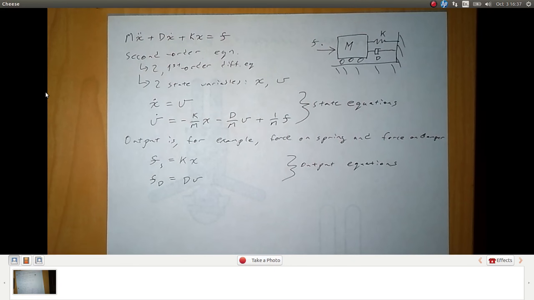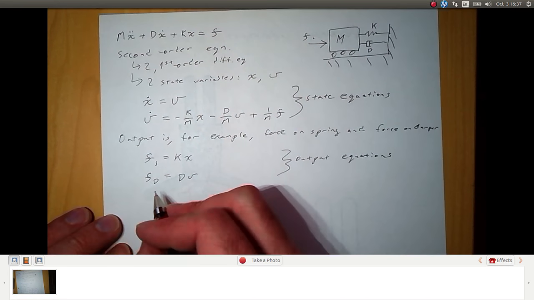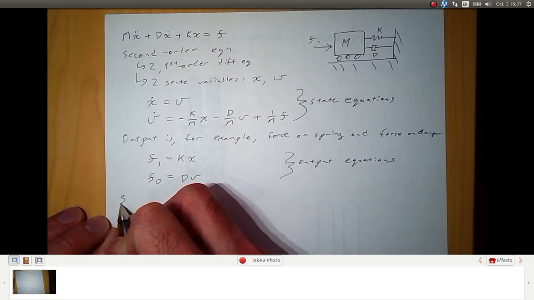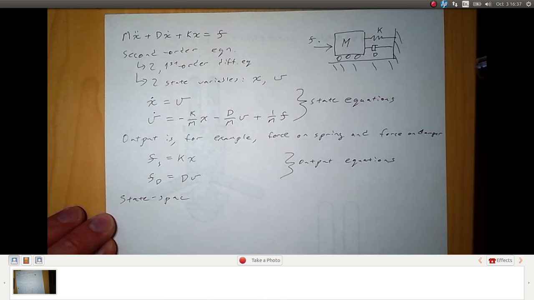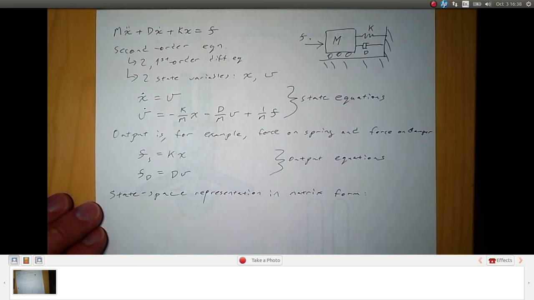Now we're going to be working with the matrix form of the state space representation. Let me pause while I write. We want to come up with the state space representation in matrix form.